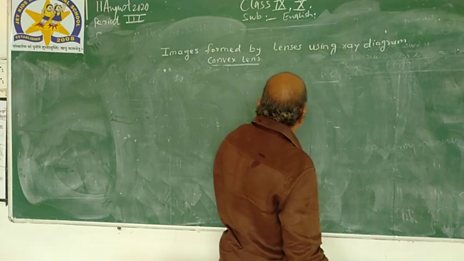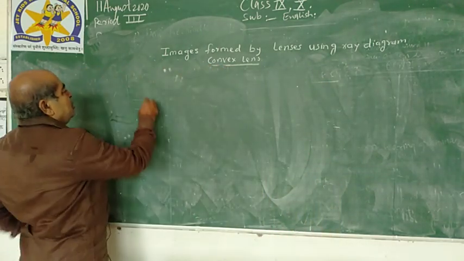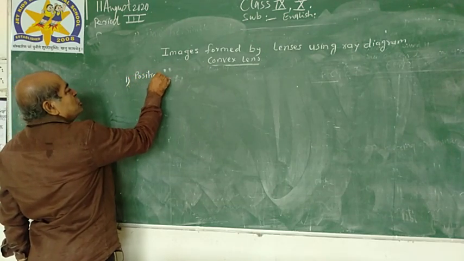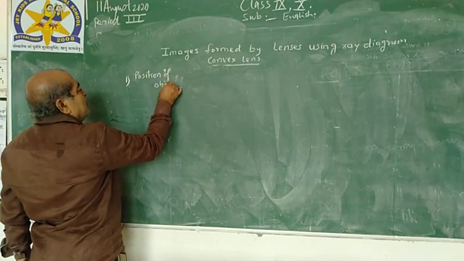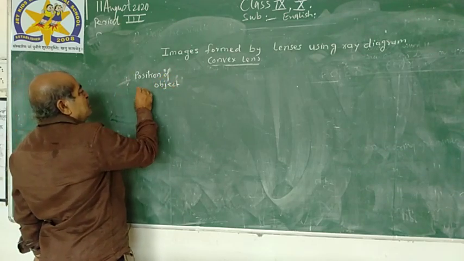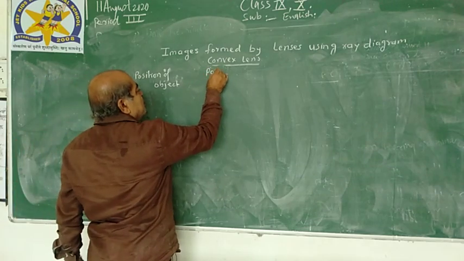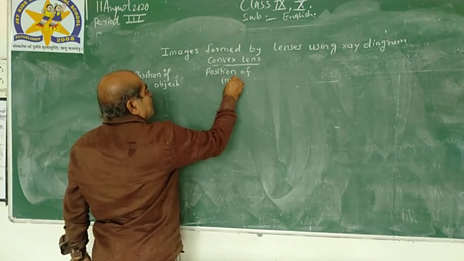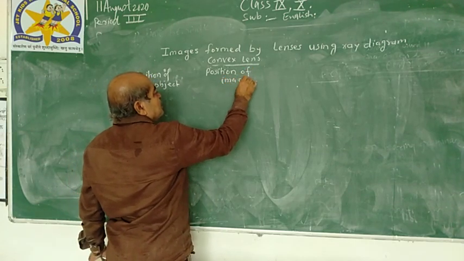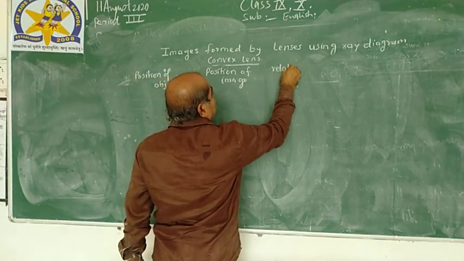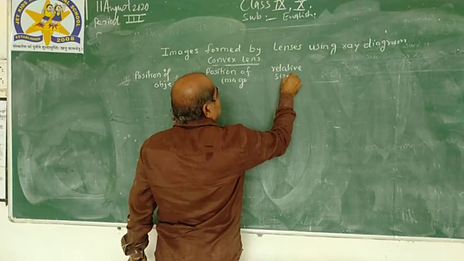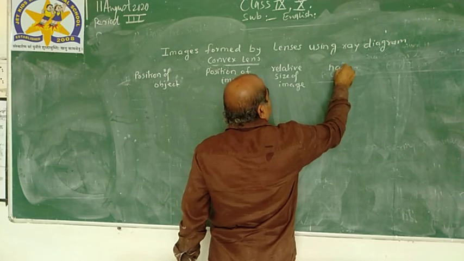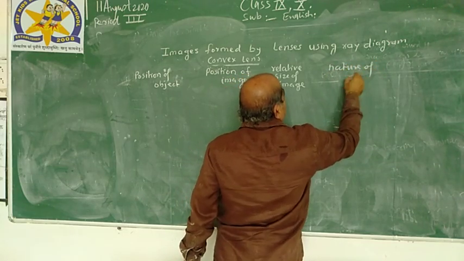Now we summarize the points. The first column is the position of the object, the second is the position of the image, the third column is the relative size of the image, and the last column is the nature of the image.